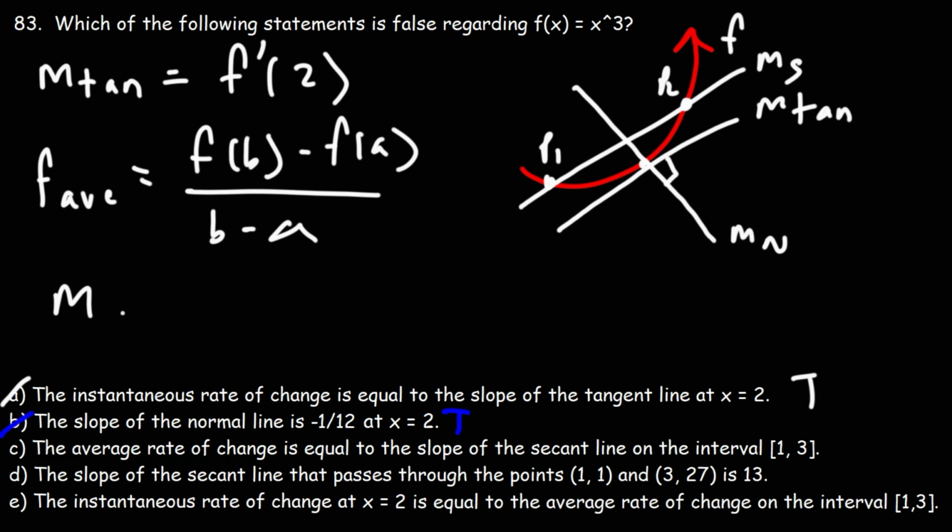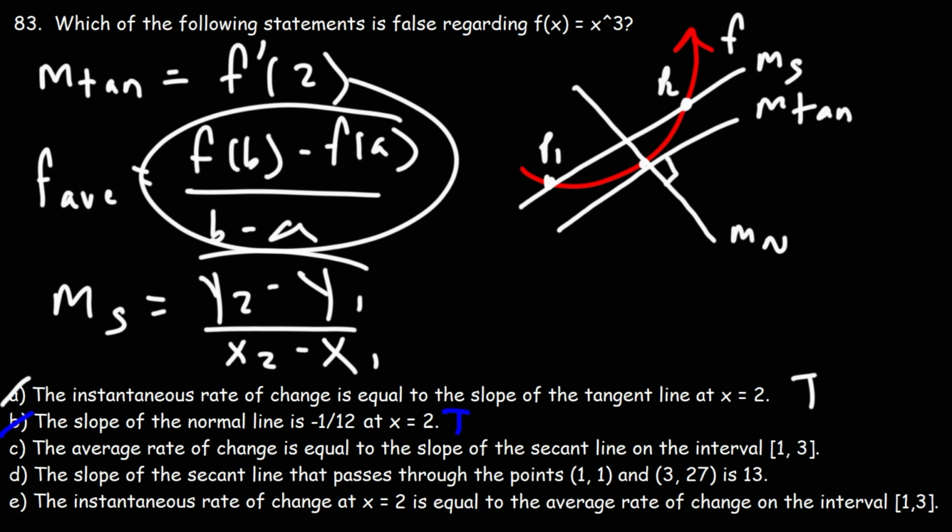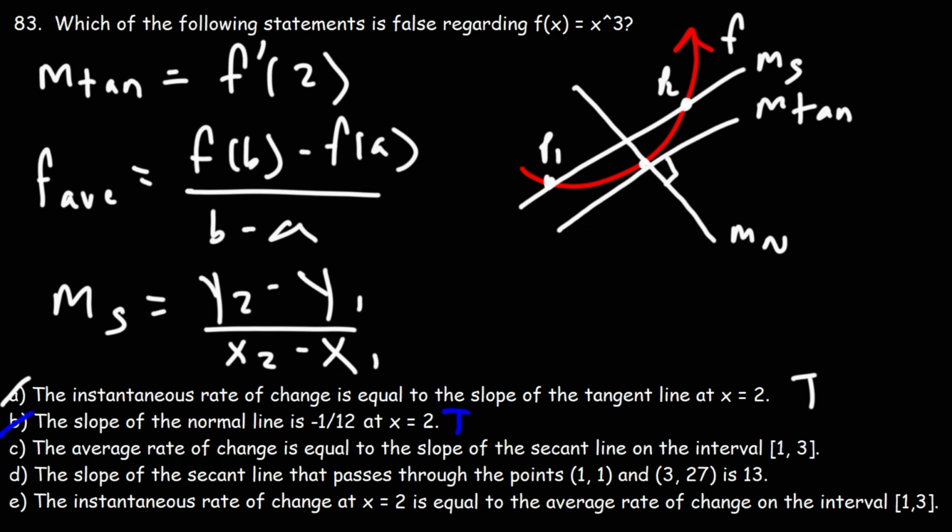Now to find the slope of the secant line, it's the same way as finding the slope of any line if you know 2 points that are on that line. It's y2 minus y1 over x2 minus x1. Notice that the average rate of change formula is essentially the same as finding the slope of a line that passes through 2 points. F of b and f of a are y values.